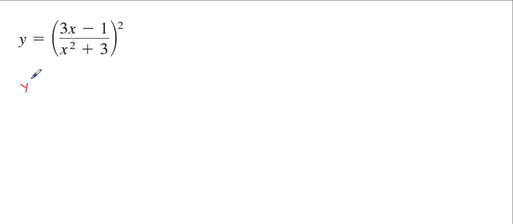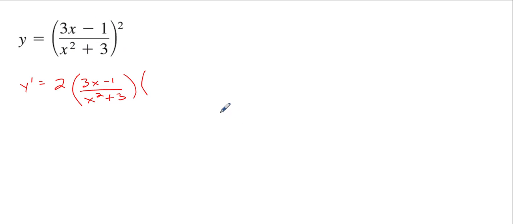So, y prime then would be, okay, this is a composite function, derivative of the outside, 2 times the stuff to the first power times the derivative of the stuff. Well, the inner function is a quotient.